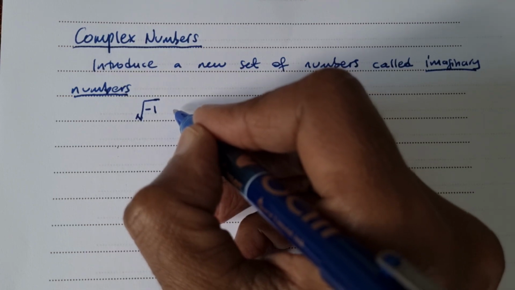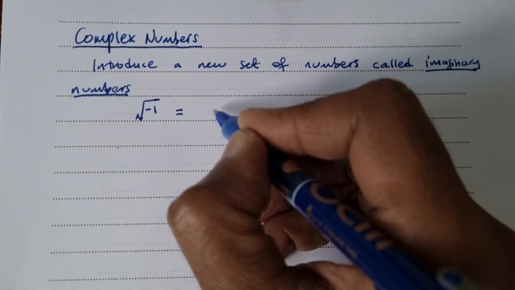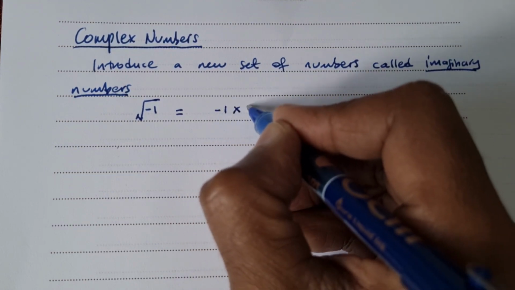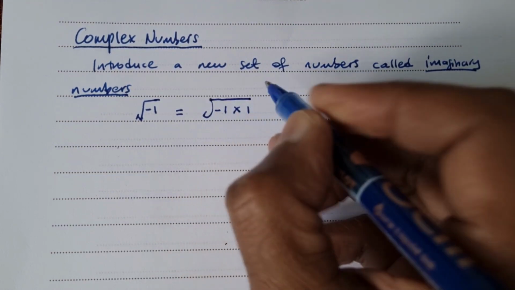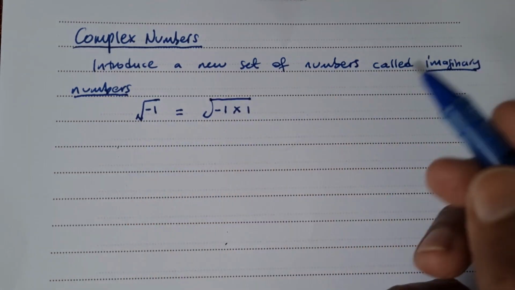And what can we do then in that case? We can just say -1 times 1, which is the same as the square root of -1, because -1 times 1 is -1.